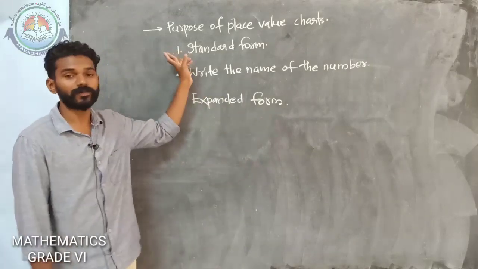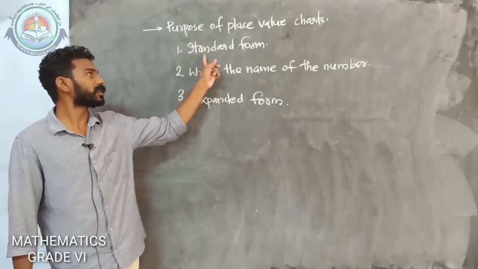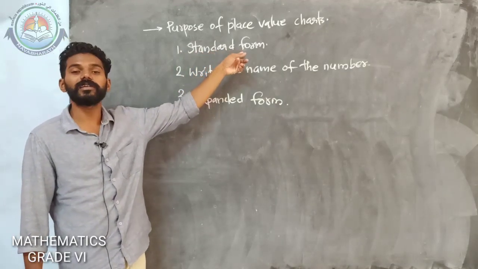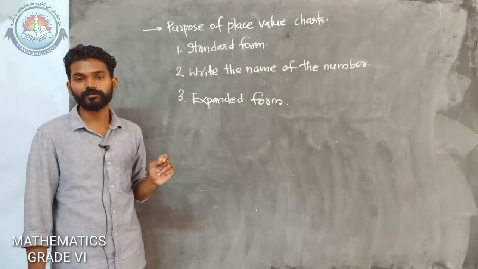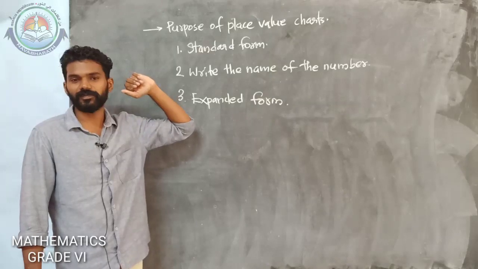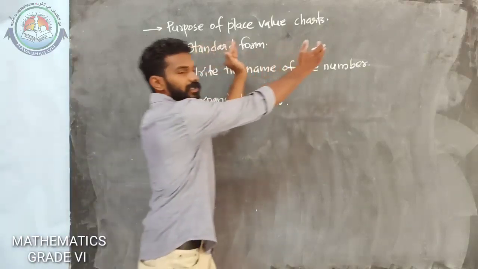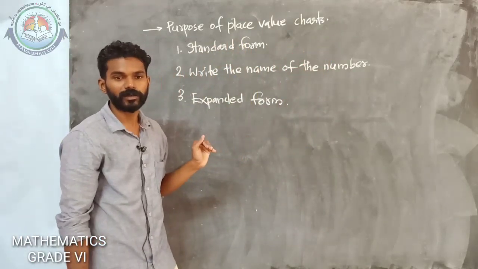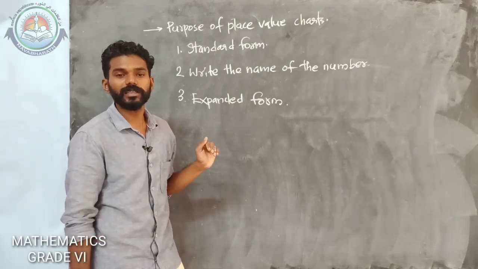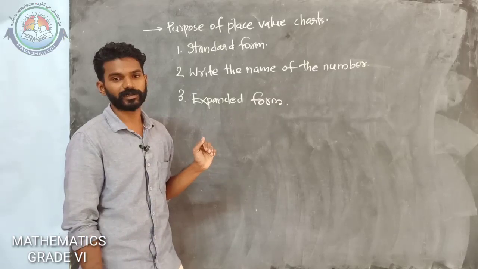Which are they? First of all, we can represent a number in its standard form. While expressing a number in its standard form, we just write down the number, and you have to put commas after certain places.